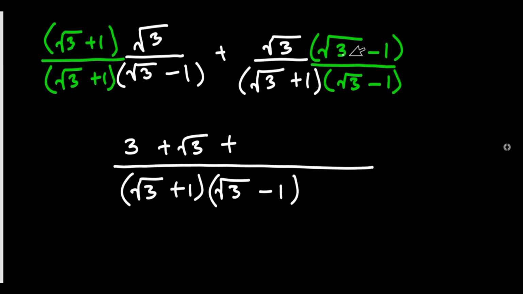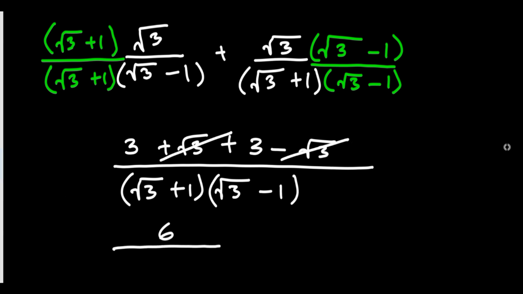So root 3 times root 3 is positive 3. Root 3 times negative 1 is negative square root of 3. Now we have 3 plus 3, which is 6. Then positive root 3 and negative root 3 will disappear.